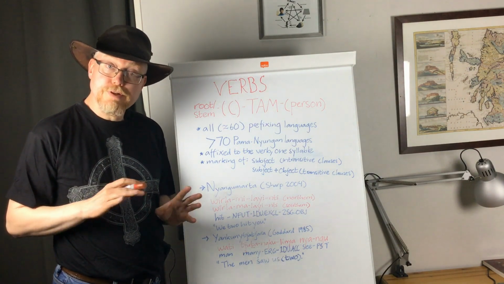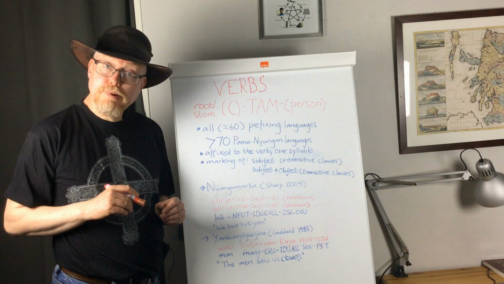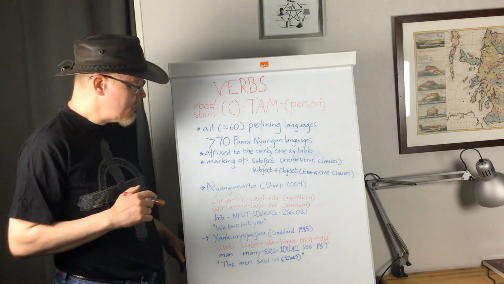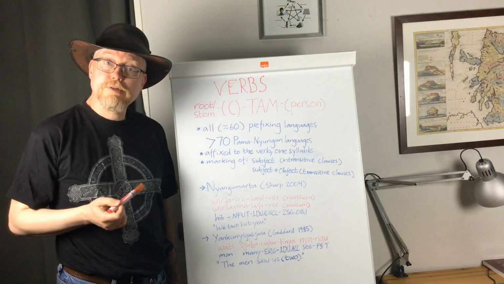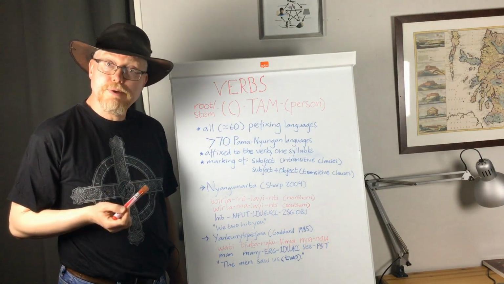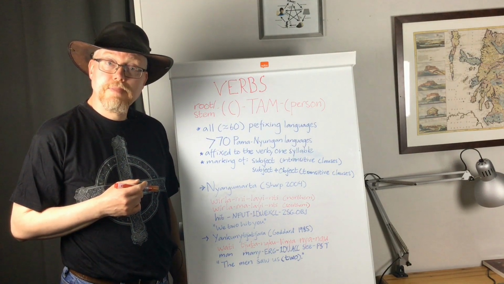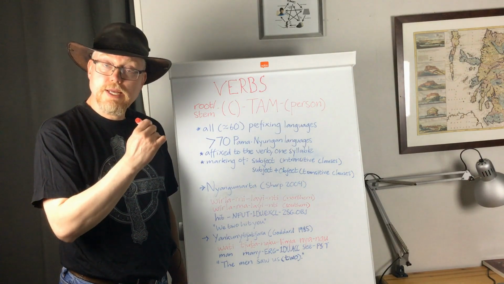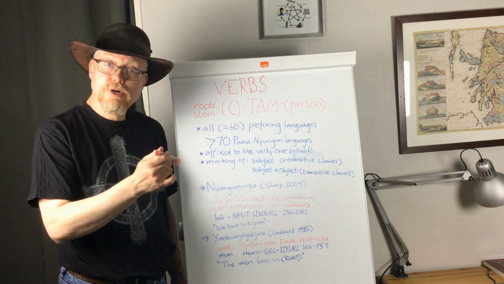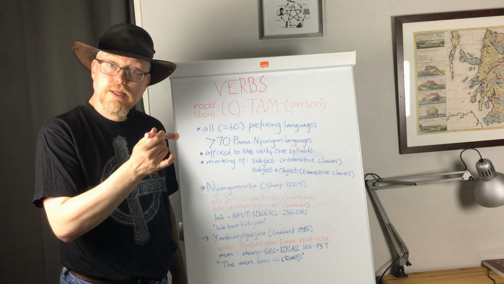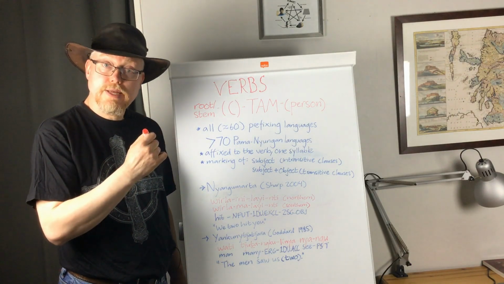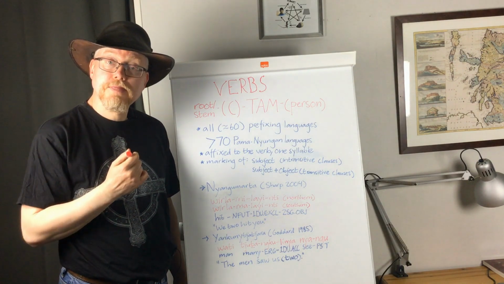It's found in different places. But in some places these person markers aren't placed on the verb. Like in Warlpiri in Central Australia, there is an auxiliary that is placed before the verb, and the auxiliary takes the person markers.